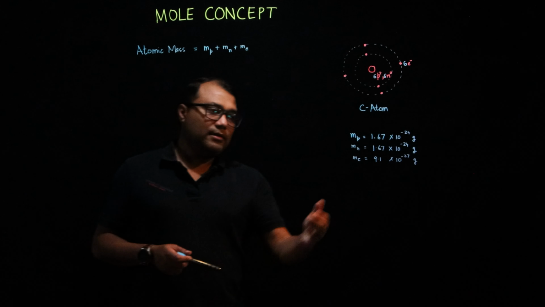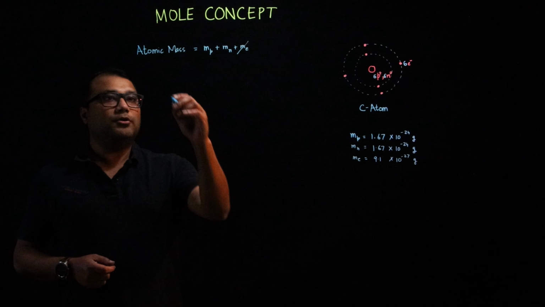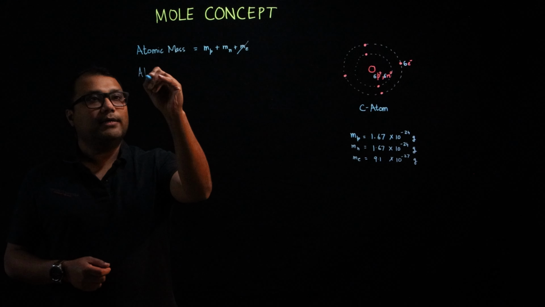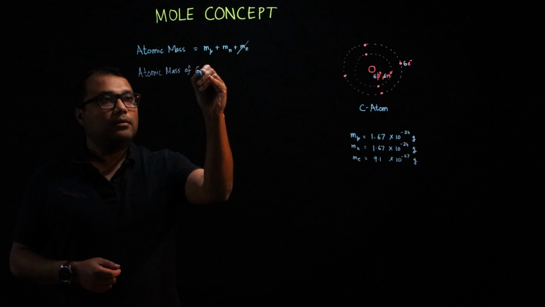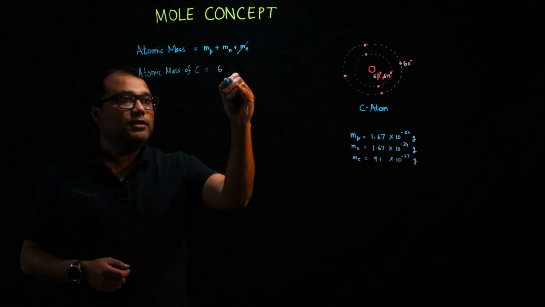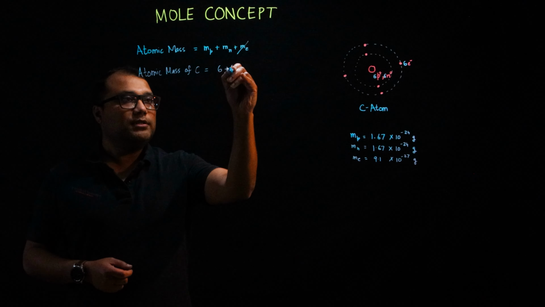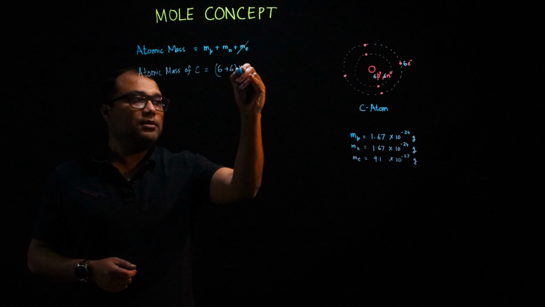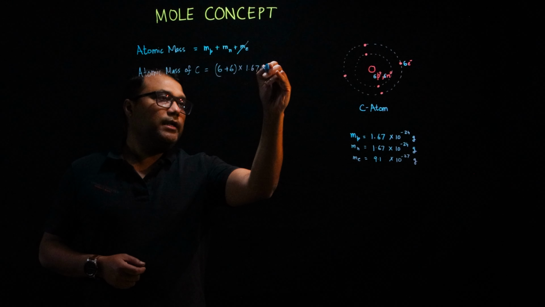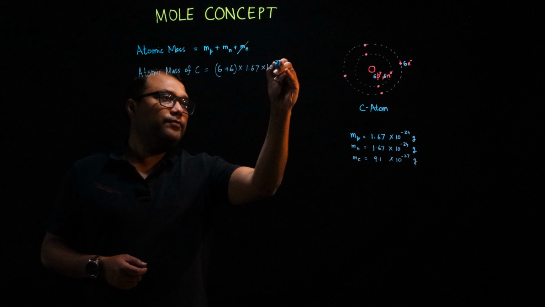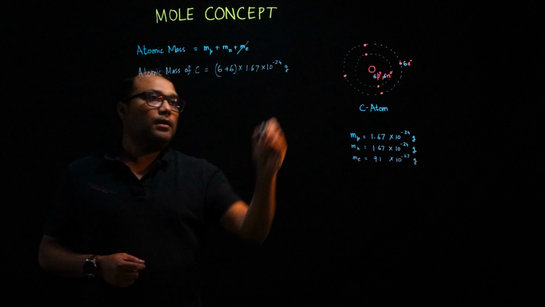Now, if carbon atom has 6 protons and 6 neutrons, what is the atomic mass of carbon? It's 6 protons and 6 neutrons times 1.67 x 10^-24 grams.